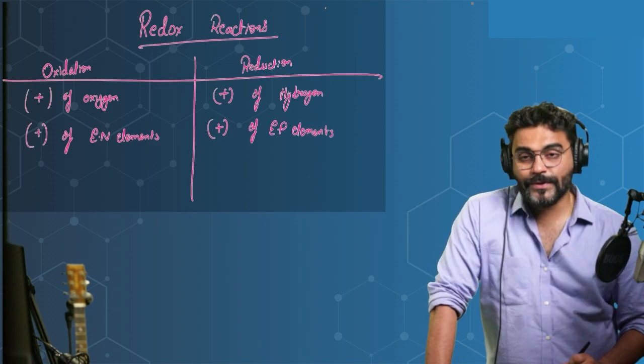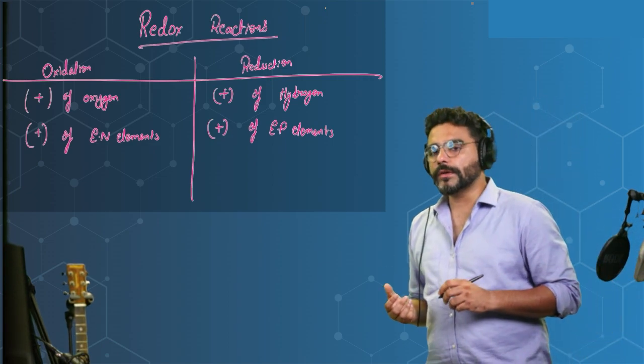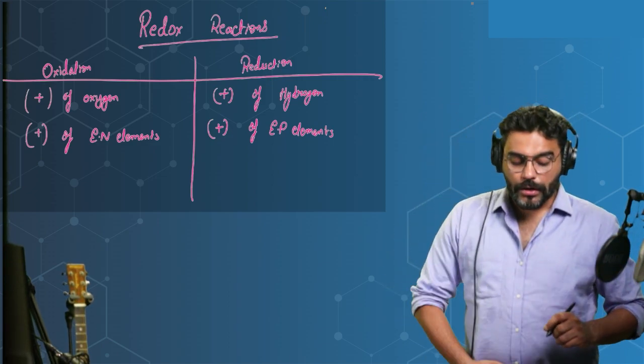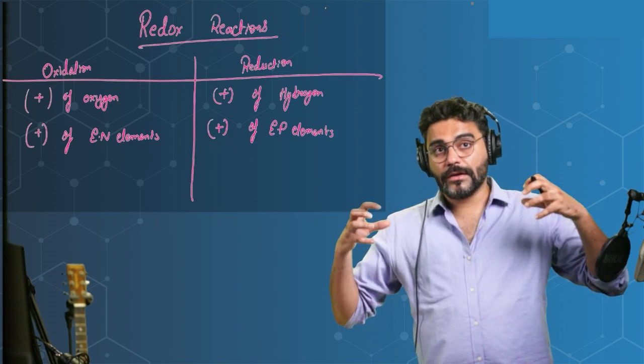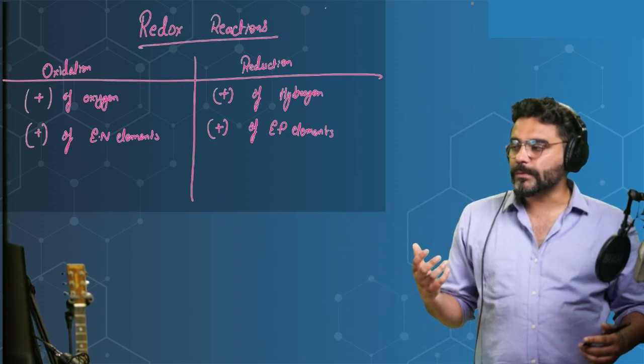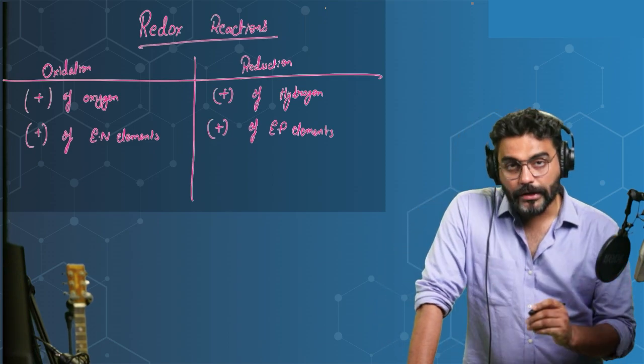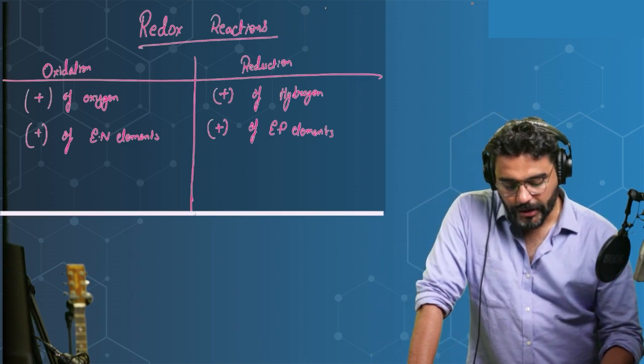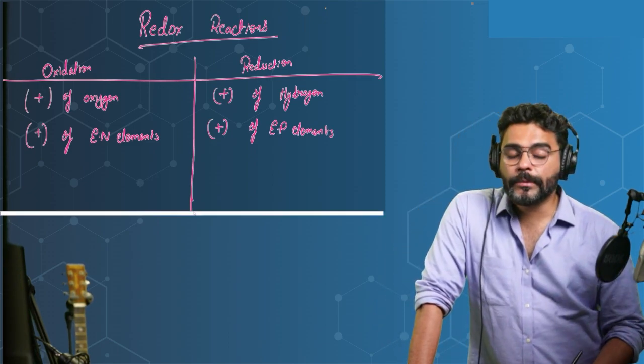Now we saw reactions in which we were not very clear, where elements are breaking up or leaving. In that case, how do we discuss oxidation and reduction? So we defined them in terms of removal of elements.